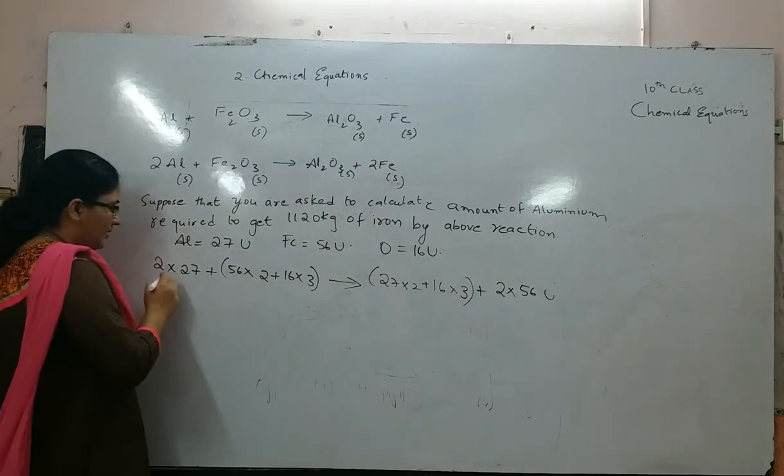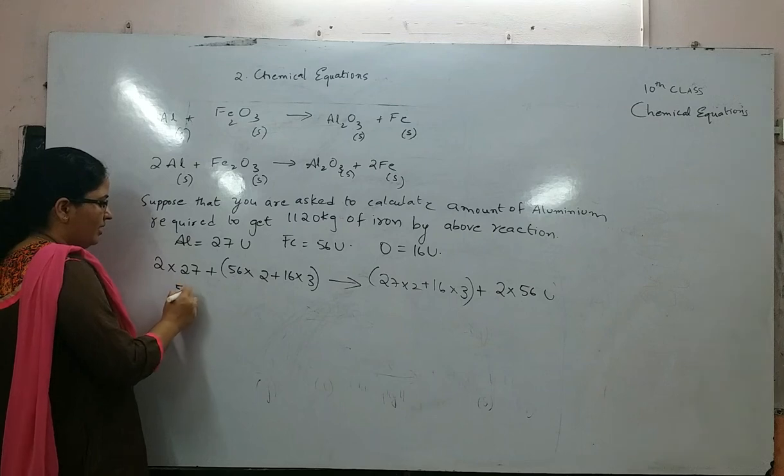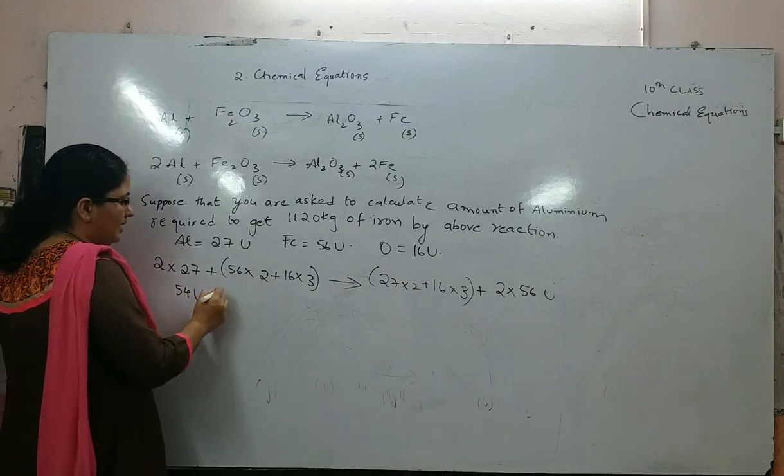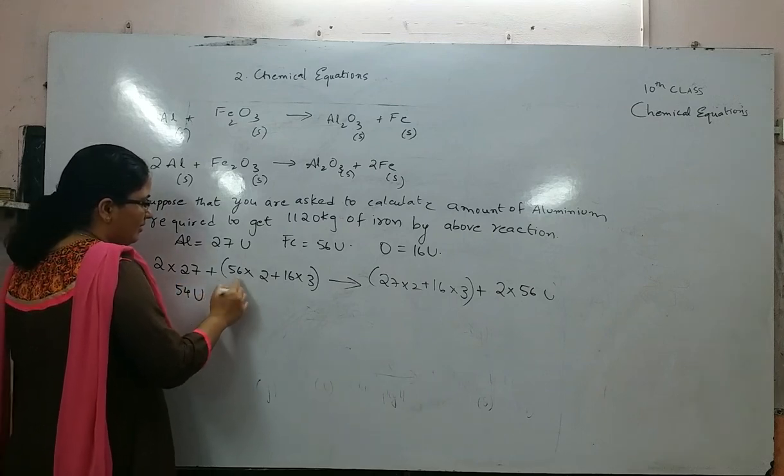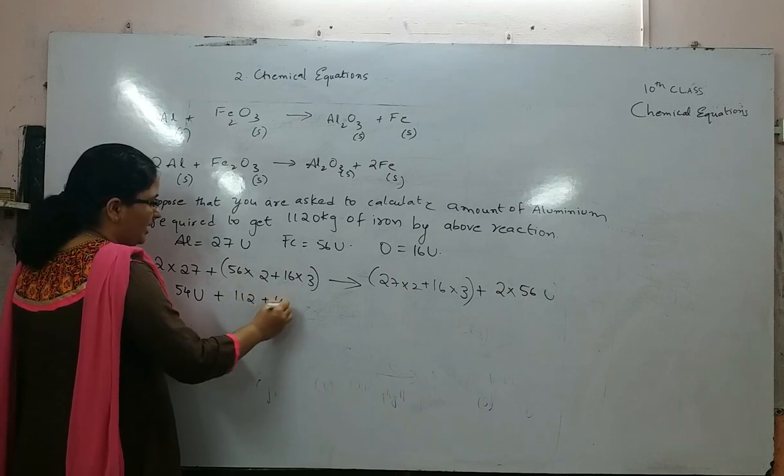So let us calculate. 2 into 27 gives 54U, plus 56 into 2, 112, plus 48.